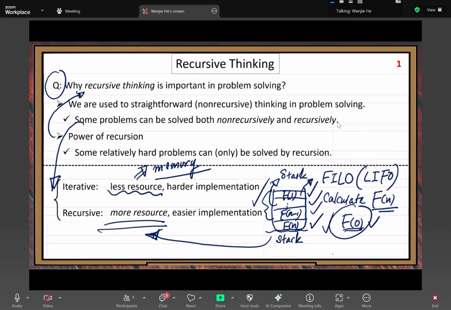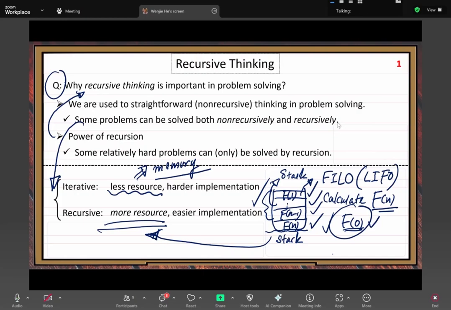Your memory has a limited amount, and even if you use your whole memory space, it is still not enough to store that big stack. So you get a stack overflow problem.